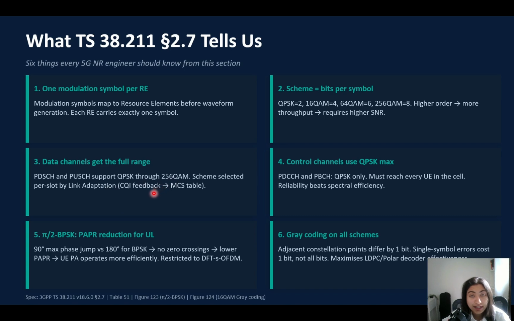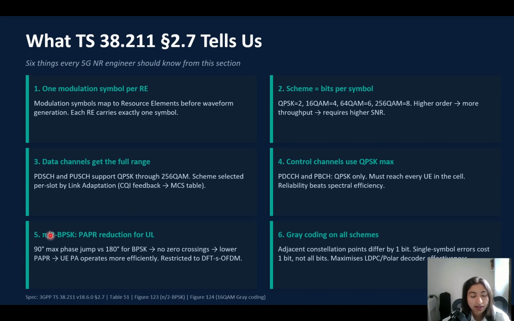So link adaptation, by making use of CQI or other parameters reported by the UE, picks the best possible scheme at every slot. Number 4. PDCCH and PBCH use only QPSK. Control information must be decodable by the UE in every cell, including even those at the edge. The lower the modulation order, the lower the coding rate and the greater the coverage.